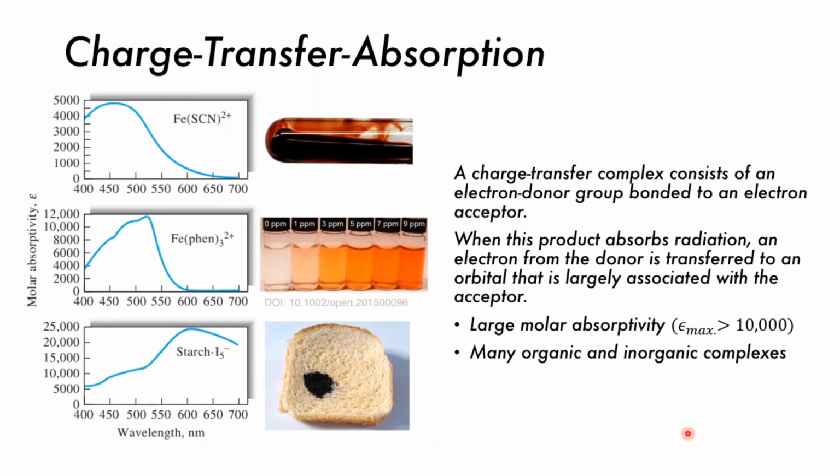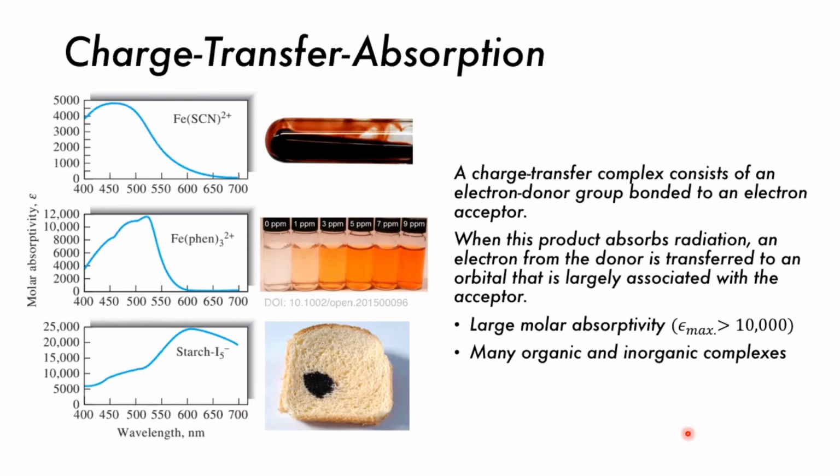This creates an electron donor group connected somehow with an electron acceptor. It doesn't need to be covalently bonded. It can even be a very loose association in solution. There's some electron donor which can be bonded or in some way very loosely associated, even just van der Waals interactions are enough.